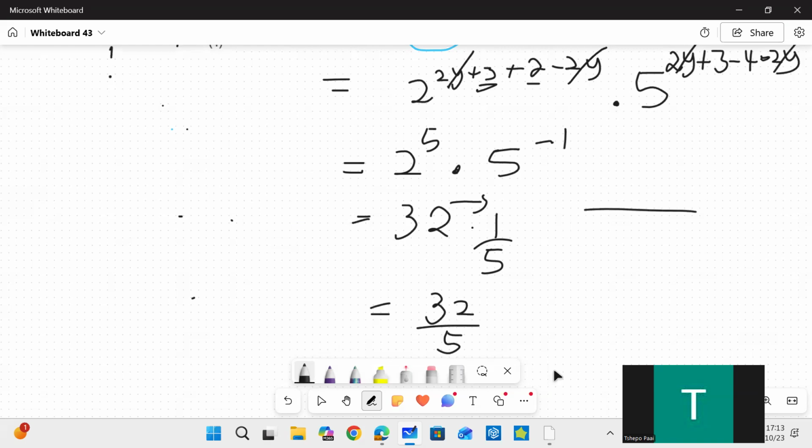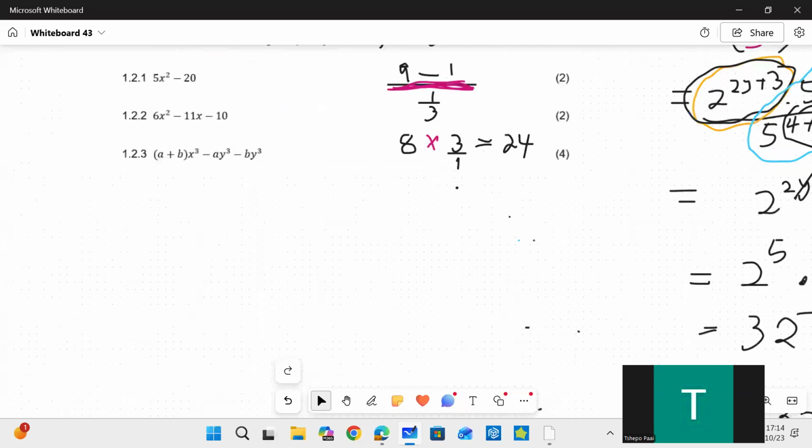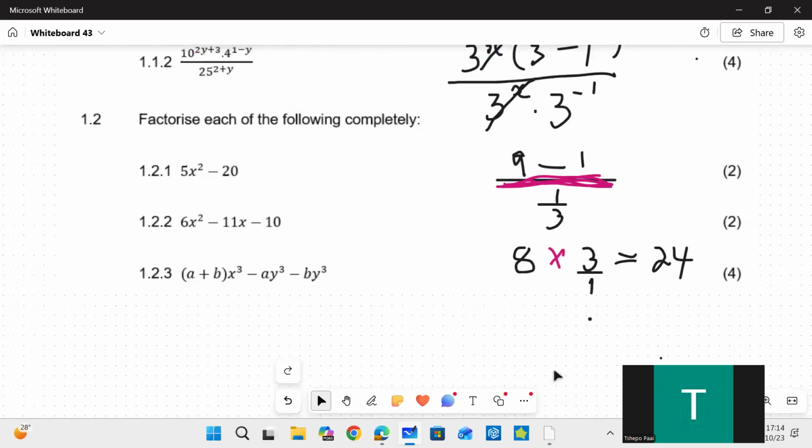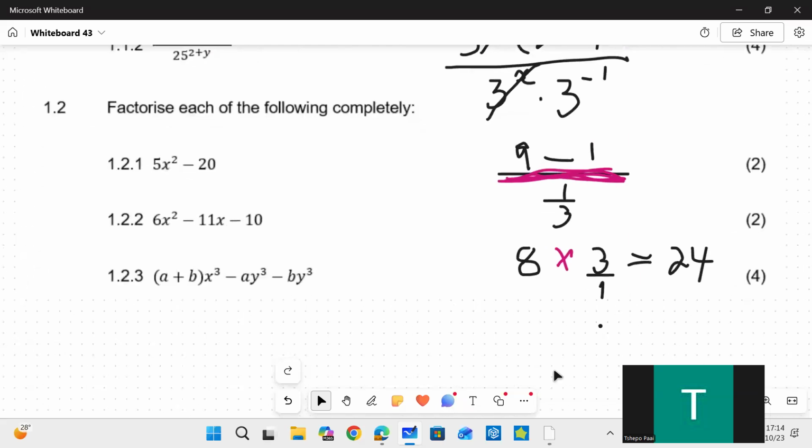Let's continue with our questions. Now we move on to the next question. Question 1.2, where you were supposed to factorize each of the following completely.